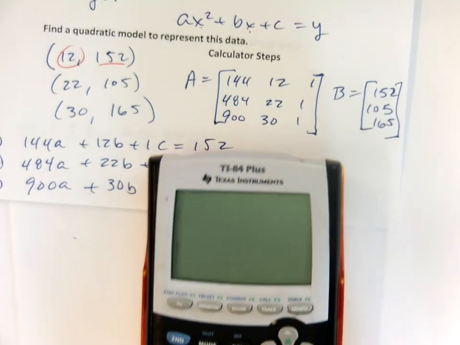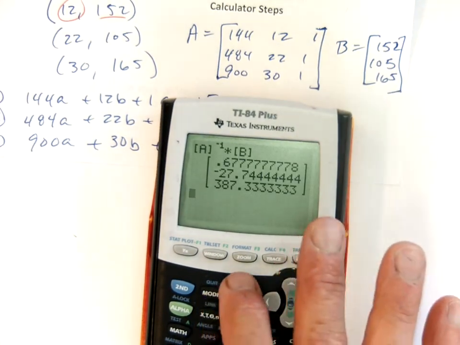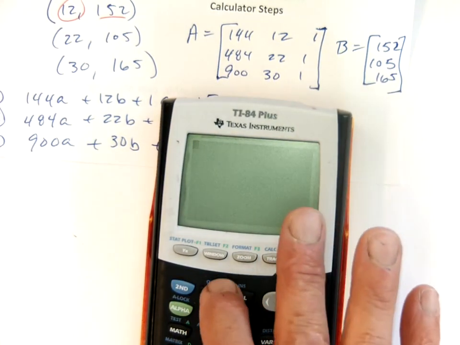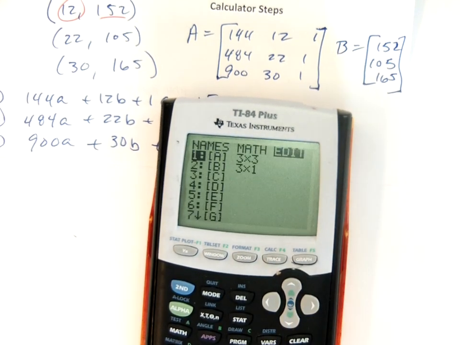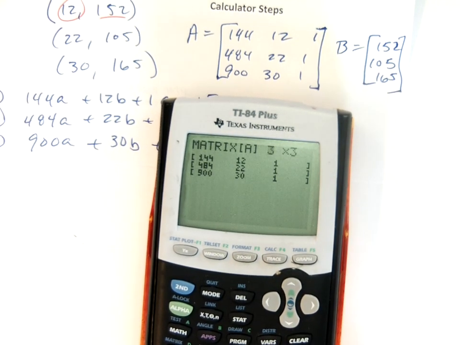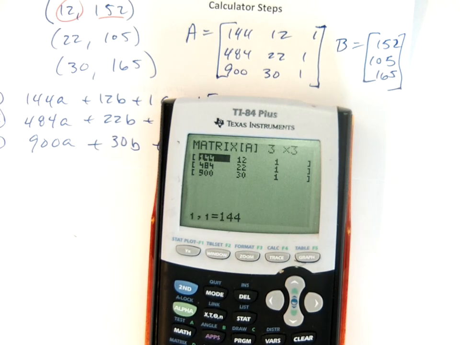We put these into our calculator. We found our matrix button. We edited A. We made sure it was a 3 by 3 matrix. We put our numbers in, right? Okay.